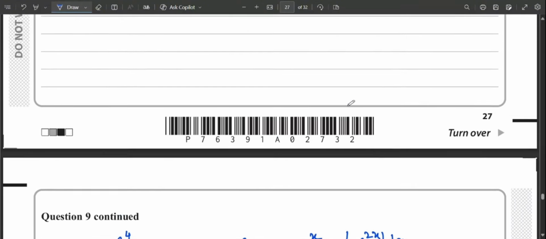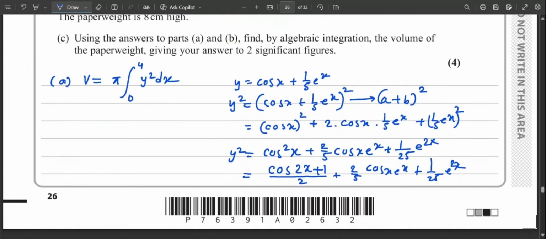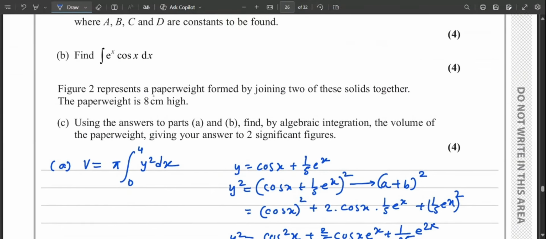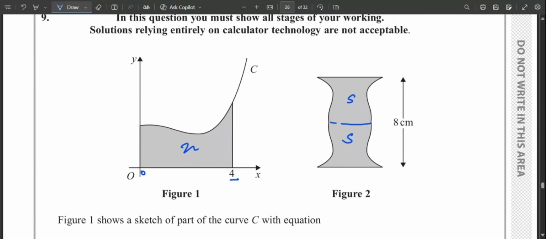We know from the question that the height of the paper weight is 8 centimeters high. So the height of our solid S would be 4. As the height of the solid S is 4, we can see that from this area the 4 centimeter height is represented by this 4 unit line.